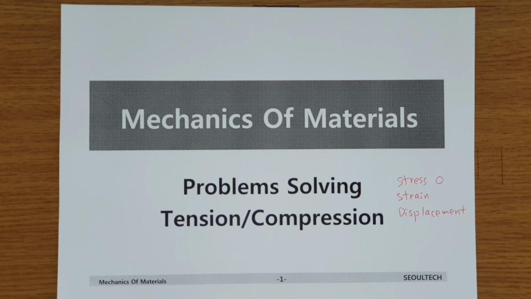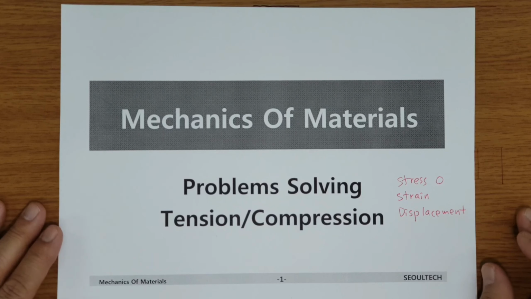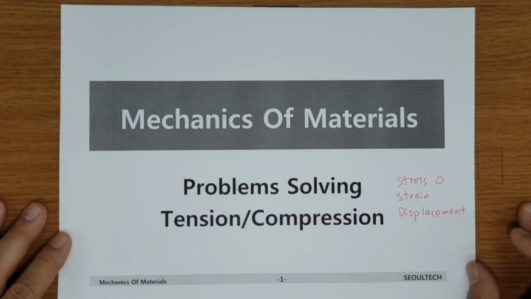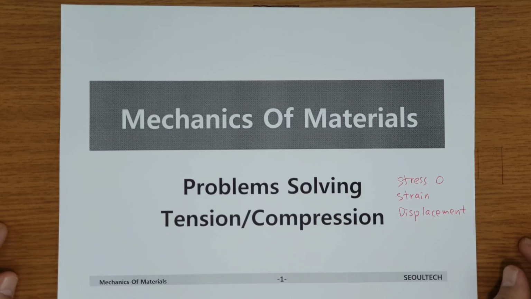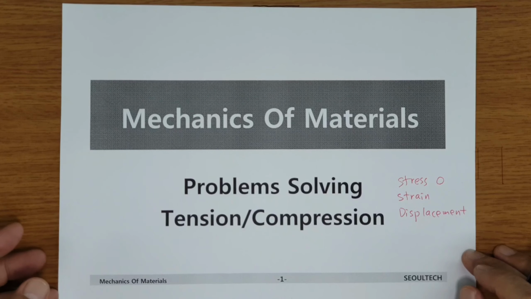In order to do that, we calculate exactly what's the reasonable size, what's the minimum size for the component of the structure or the machine. Okay, let's see step by step. Today is the first time, so let's think about tension and compression.